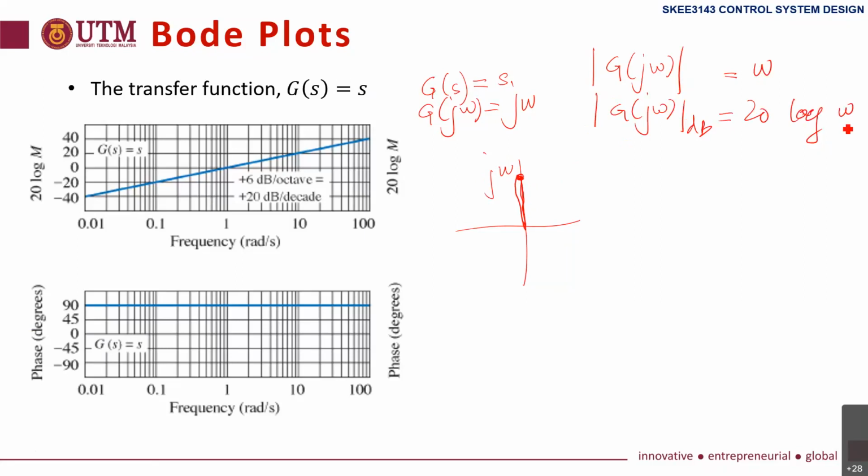And the phase angle is 90 degrees because it is on the positive imaginary axis. So 90 degrees.